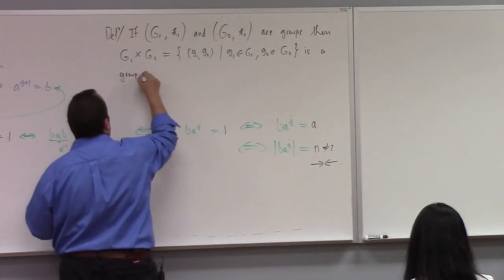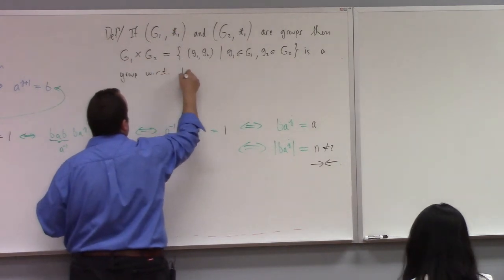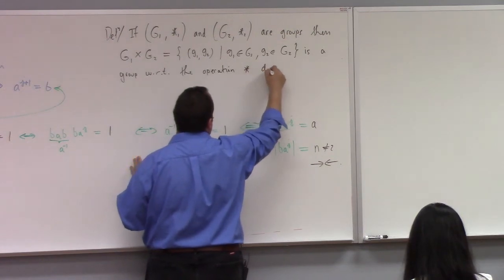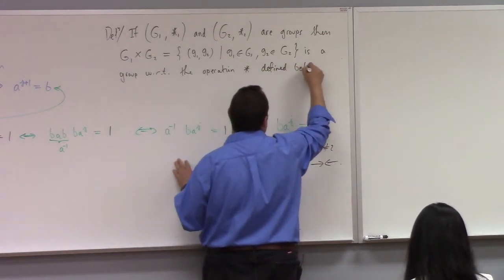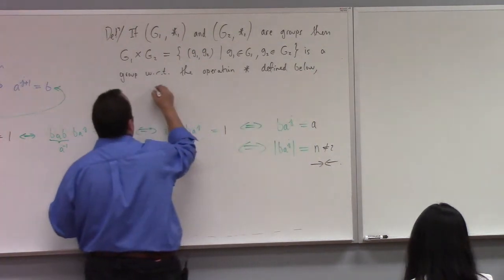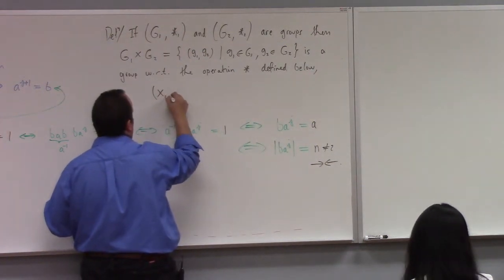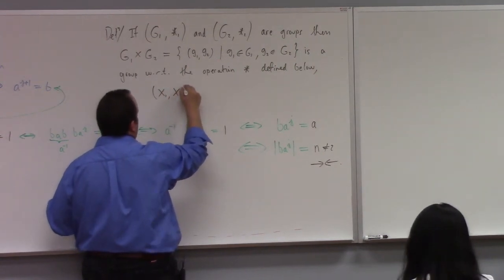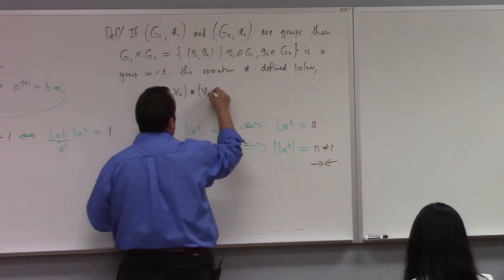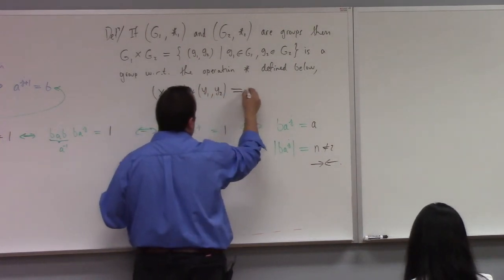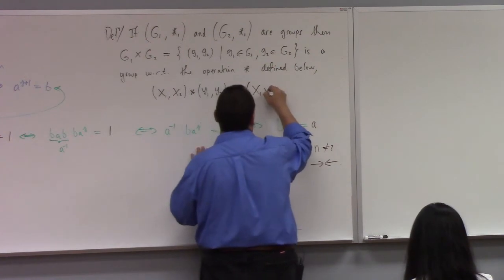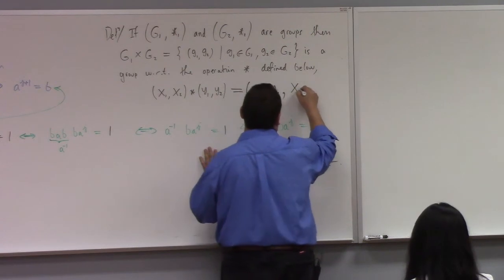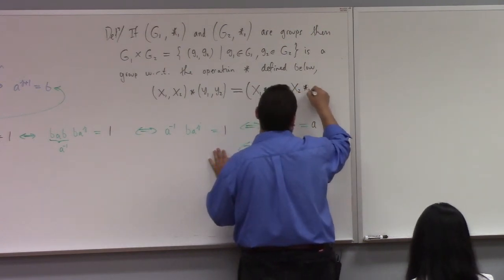A group with respect to the operation star defined below. Here it goes. (x1, x2) star (y1, y2) is by definition (x1 star 1 y1, x2 star 2 y2).